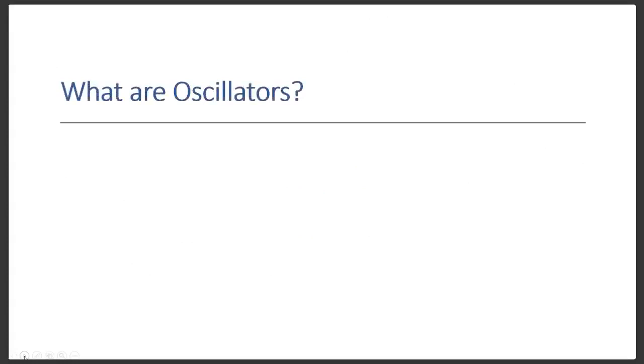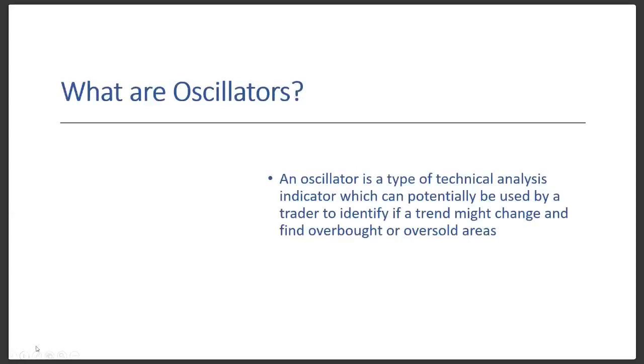So, what are oscillators? An oscillator is a type of technical analysis indicator which can potentially be used by a trader to identify if a trend might change, and is really used to find overbought and oversold areas.